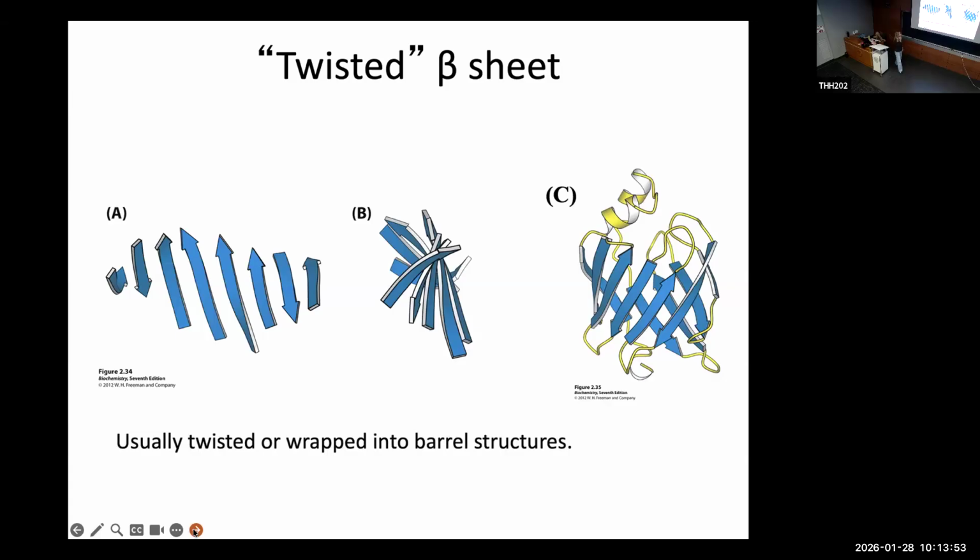Sometimes these ring structures can be embedded in a lipid bilayer and serve as a transporter for things going into and out of the cell or into and out of an organelle. Sometimes these beta barrels are amphipathic.